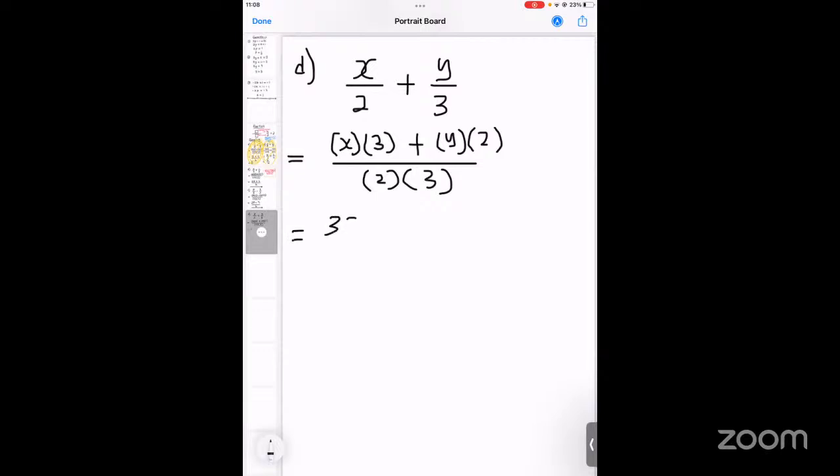Then we have a 3x, that you must plus with a 2y. The whole of that is being divided by that times that, which is a 6. Then this is the end of it, Manahel.